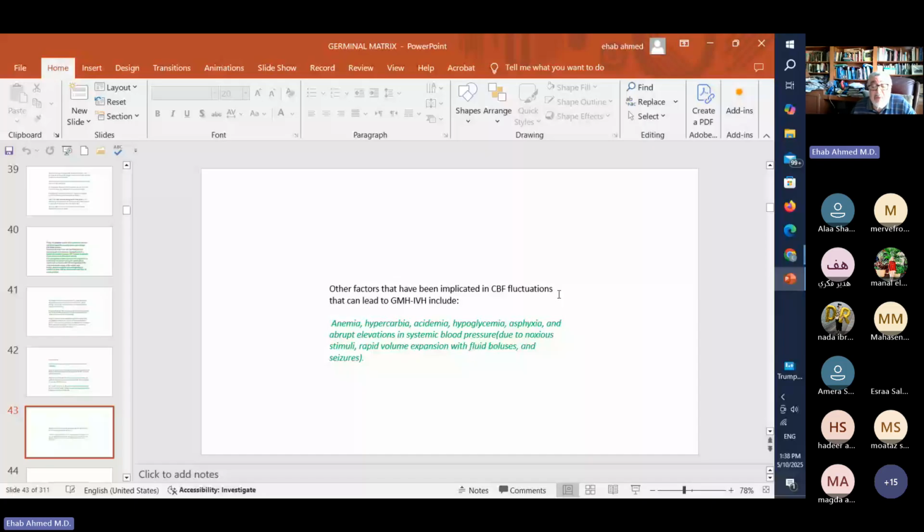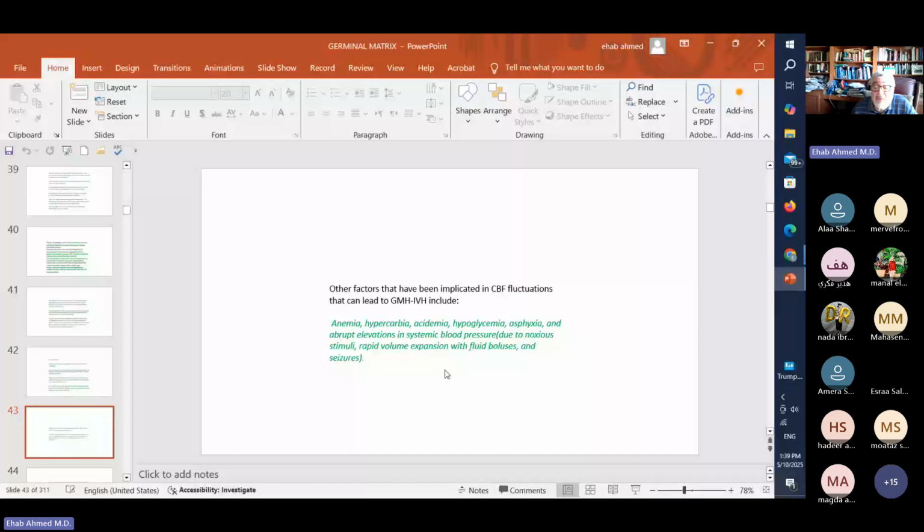Other factors that make the autoregulatory mechanisms weak and will add also to the problem of GM-IVH are anemia, hypercarbia, acidemia, hypoglycemia, asphyxia, and then be careful about abrupt elevation of systemic blood pressure.